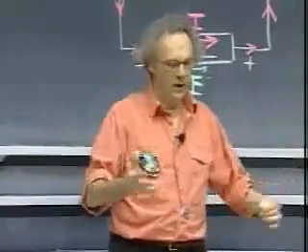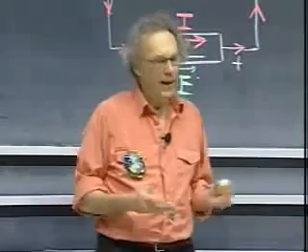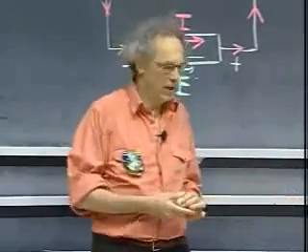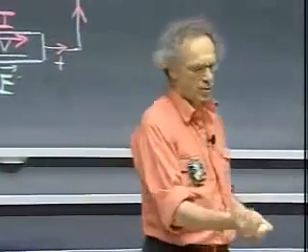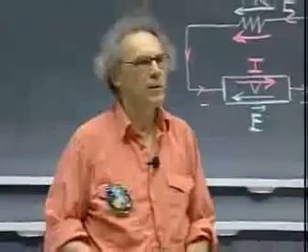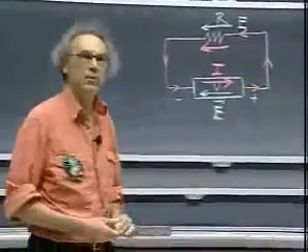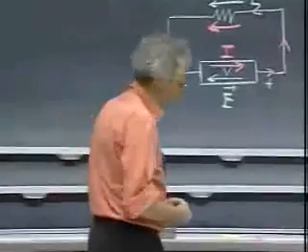So work had to be done. So the energy must come from somewhere. And in the case of the Van de Graaff, it was clearly the motor that kept the belt running. In the case of the Wimhurst, it was I who turned the crank. So I did work. In the case of common batteries, the ones that you buy in the store, it is chemical energy that provides the energy.